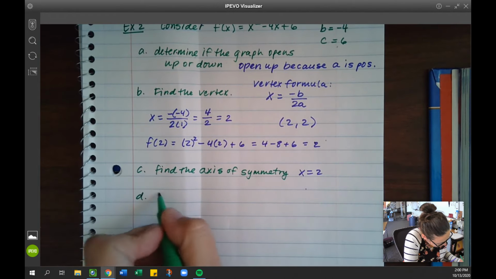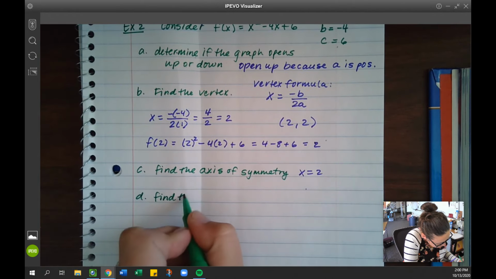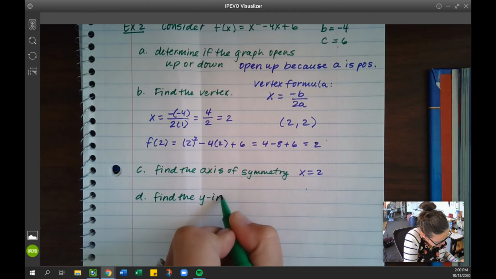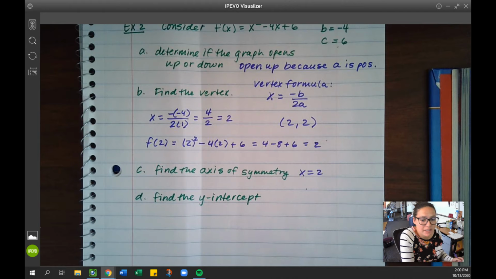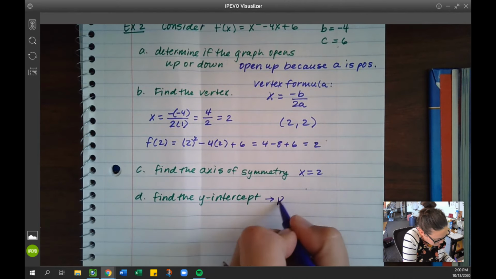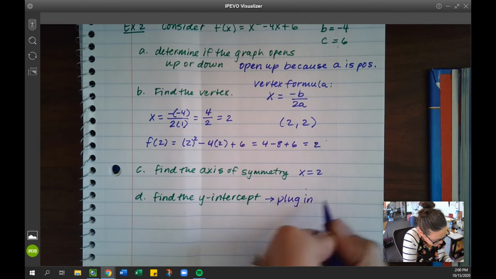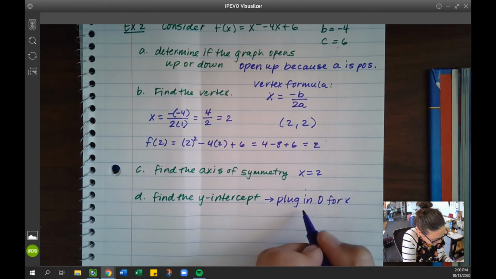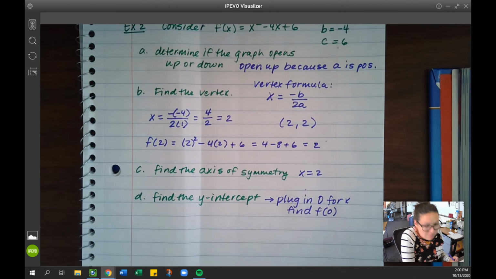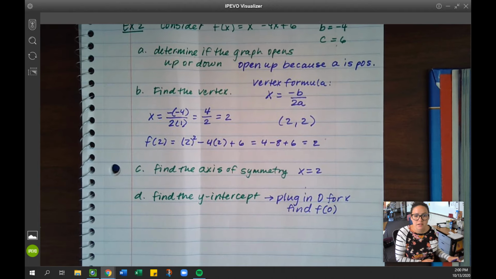D, find the y-intercept. To find the y-intercept, you need to plug in 0 for X, aka find F of 0. Because wherever X is 0, that means we're going to be on the y-axis.